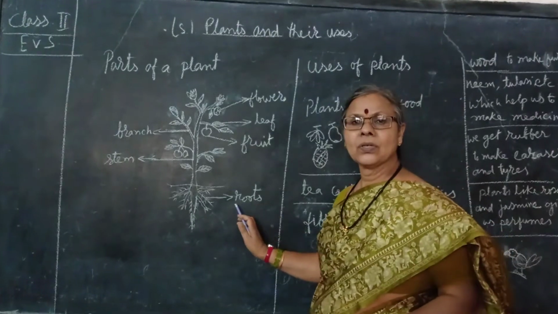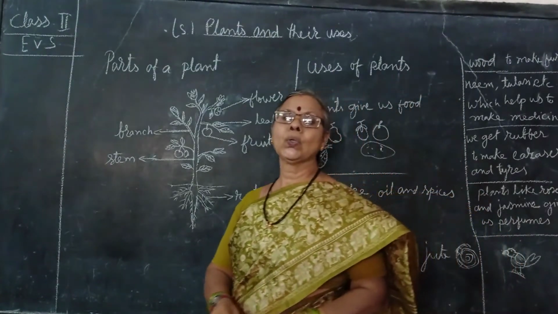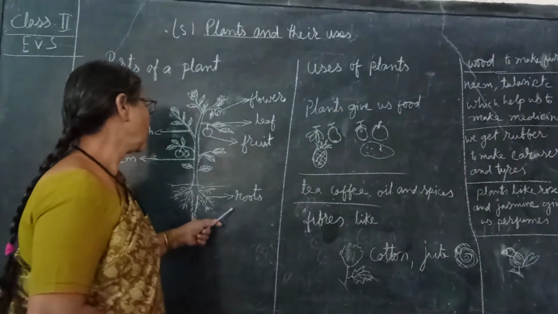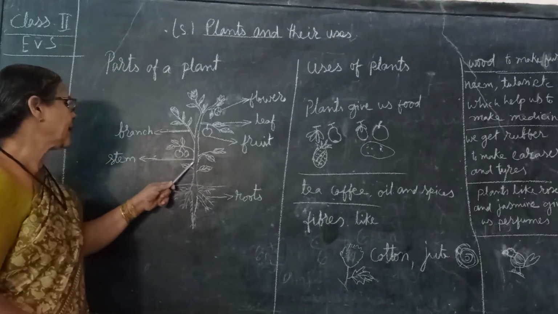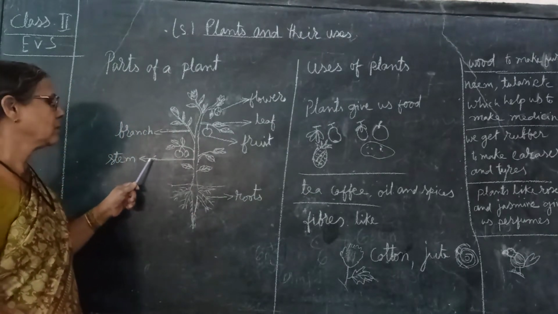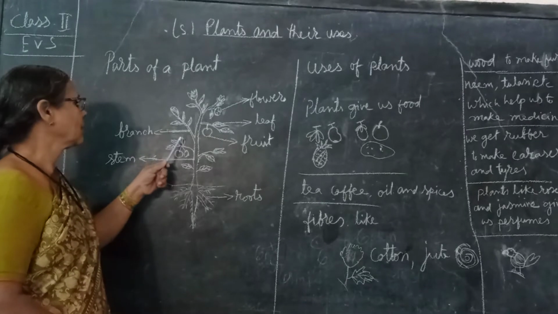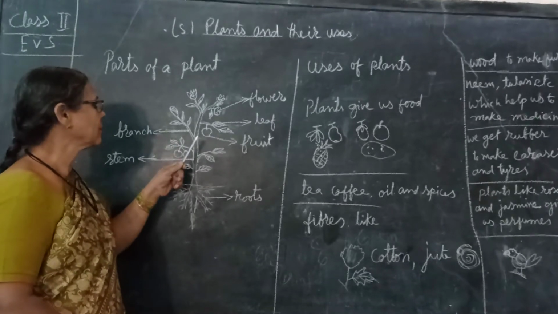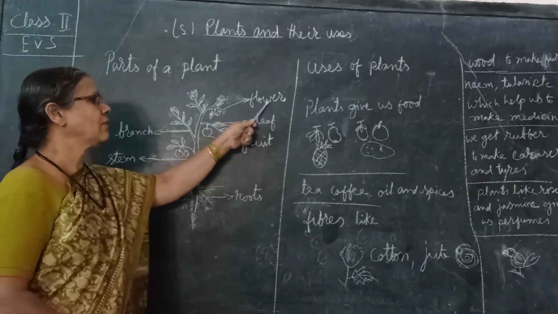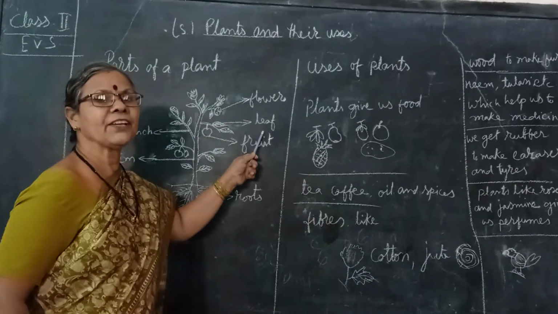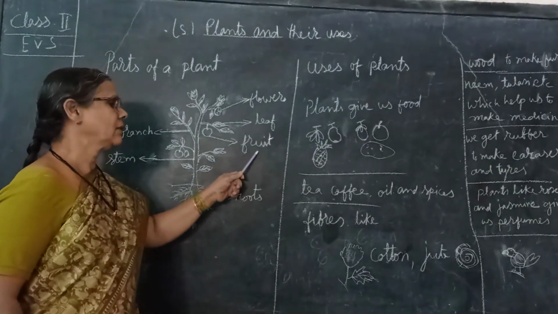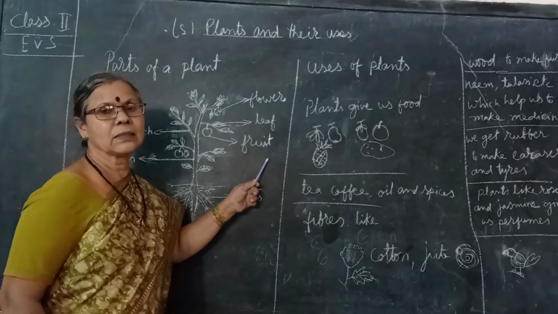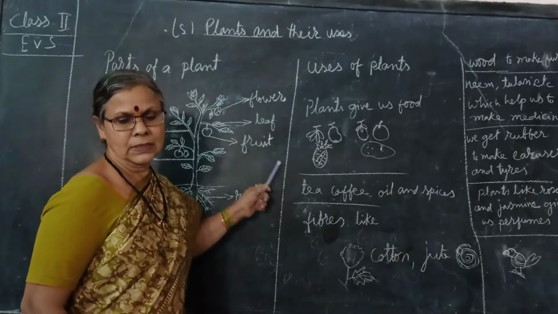First one is root, R-O-O-T-S, roots. Then the second part is stem, branch, flowers, leaf and fruits. These are the parts of a plant.